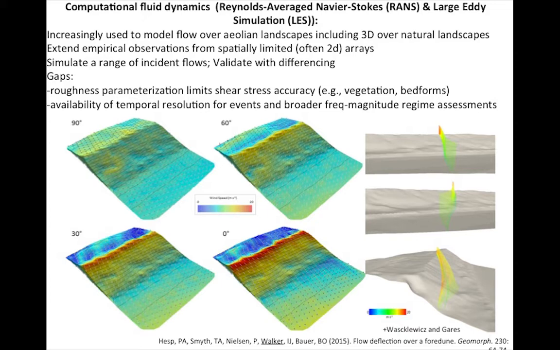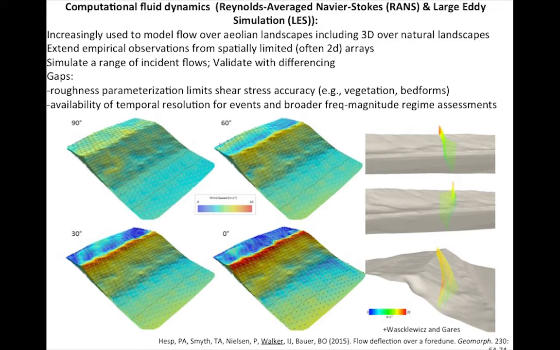It's used to extend the empirical observations they might have from the field, let's say an array of wind or sediment transport sensors, to get different views, different ranges of incident flows, and also to validate the computed sediment transport by differencing with repeat surveys.